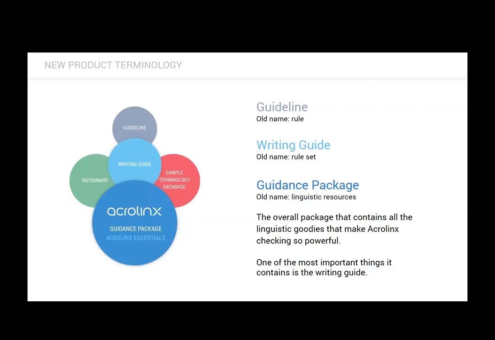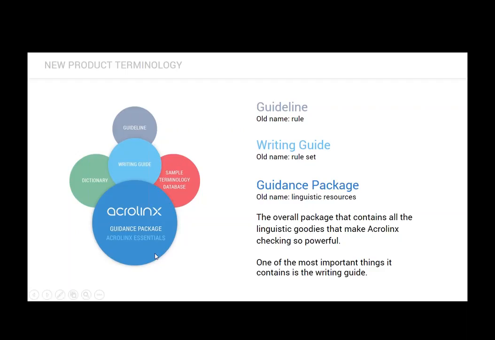So basically the writing guide is what you would be using to check the document. When you do a check of a document, you decide which writing guide to use: a marketing writing guide, a support writing guide, and so on. And then finally, the guidance package was before called linguistic resources.